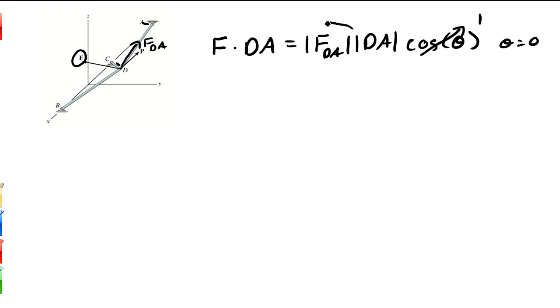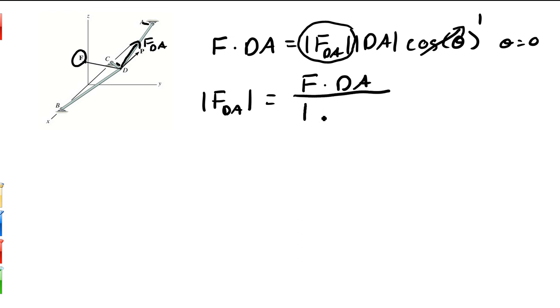So we're looking for this guy right here. Do a little bit of algebra and move this guy over there. We find that the magnitude of F_DA is equal to the dot product of F dot DA divided by the magnitude of DA.